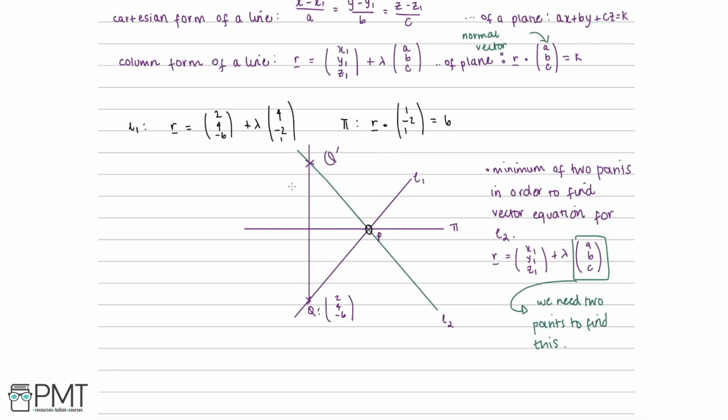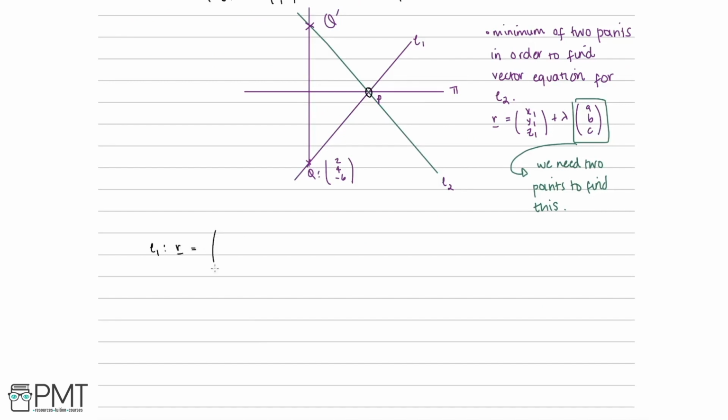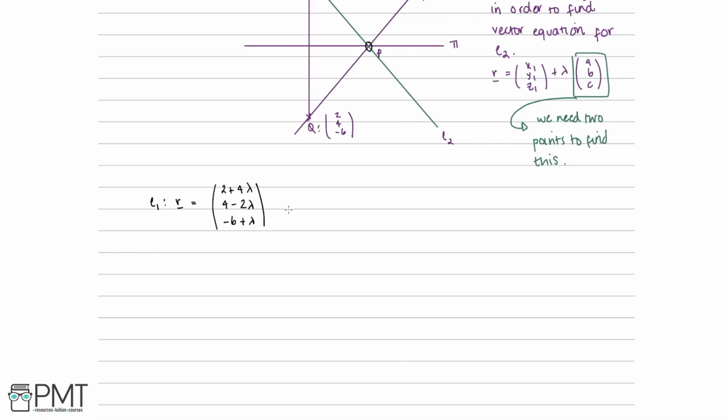Well, the first thing we can do is shorten our column equation for the line L1 into a more compact form, adding together the position vector and the direction vector multiplied by the scalar constant. So a more compact form can be written as r is equal to (2 + 4 lambda, 4 - 2 lambda, -6 + lambda).